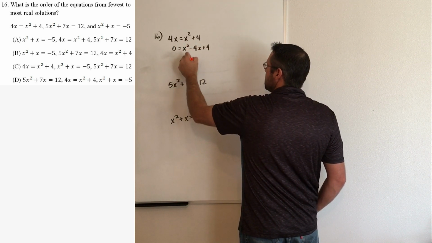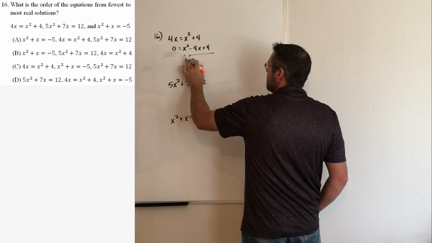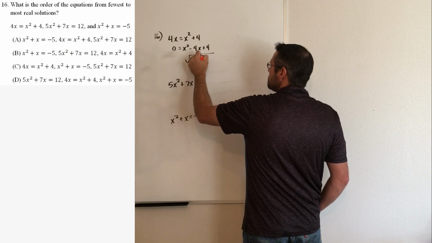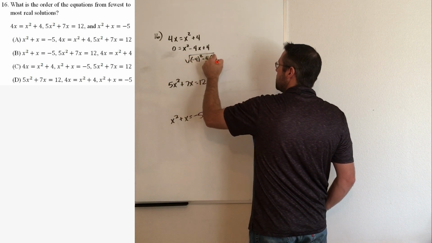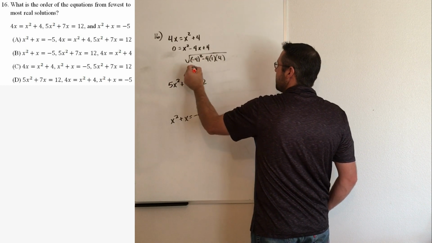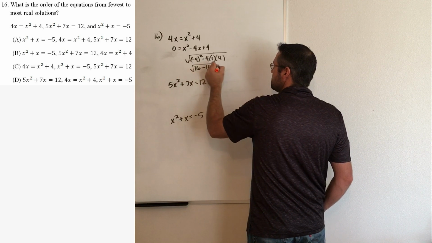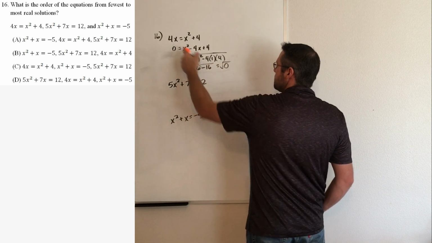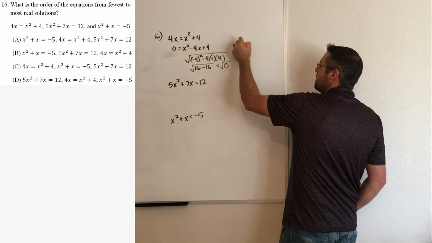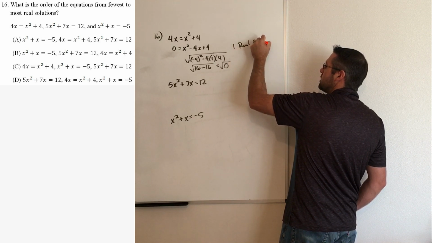We do the discriminant, so that'll be b squared, so negative 4 squared minus 4 times 1 times 4. And then we simplify that. That would be 16 minus 16, which is 0, square root of 0. So this guy has one real solution.